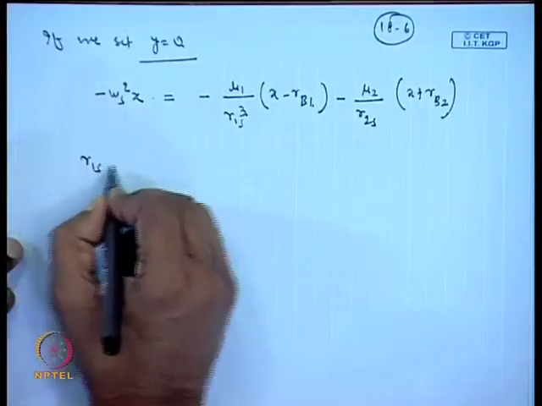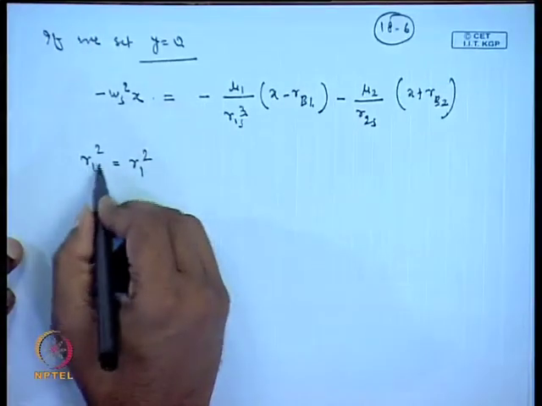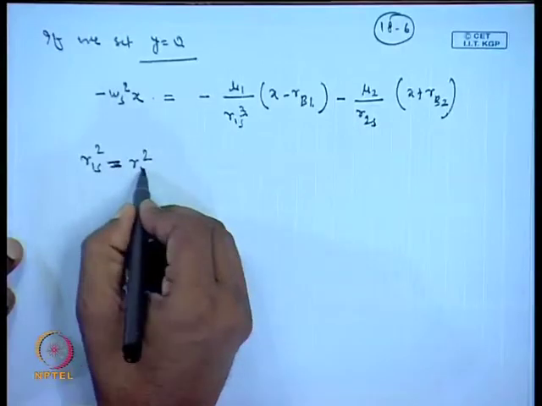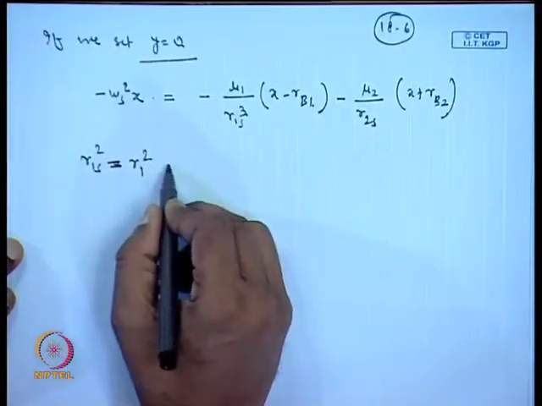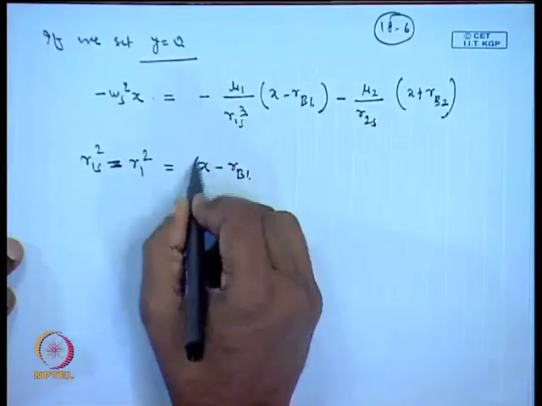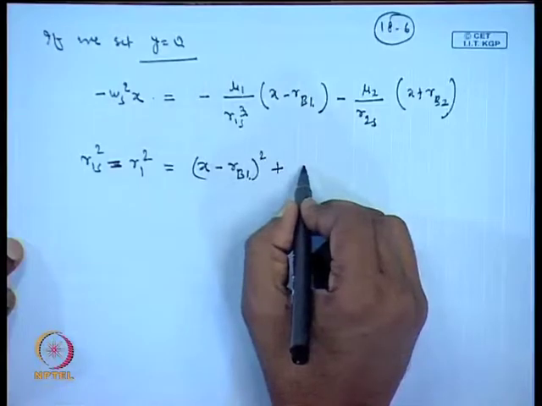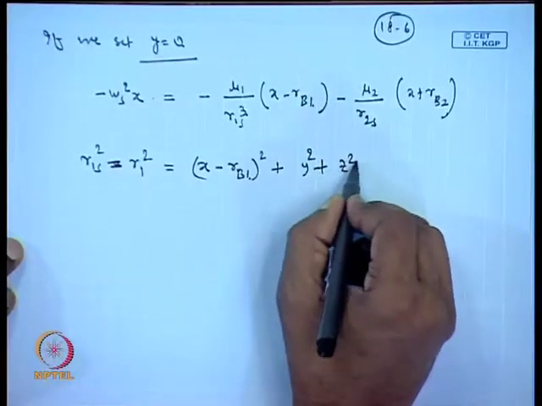Now, R1s, we write this in the simplified notation dropping the s. So, R1 square is x minus Rb1 square plus y square plus z square.